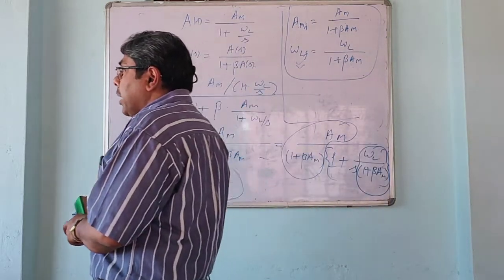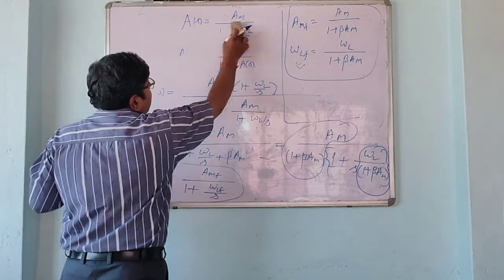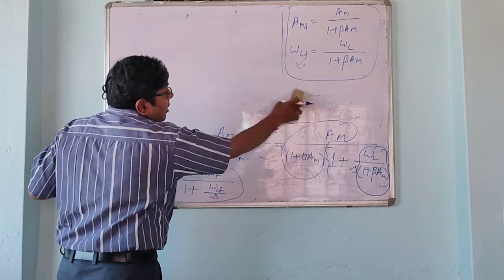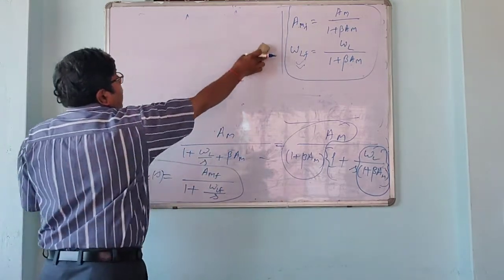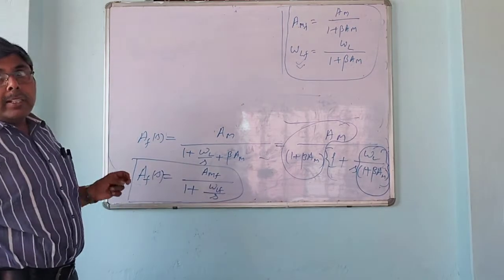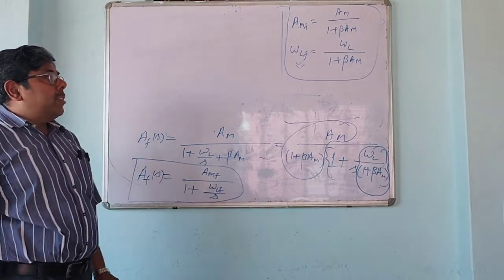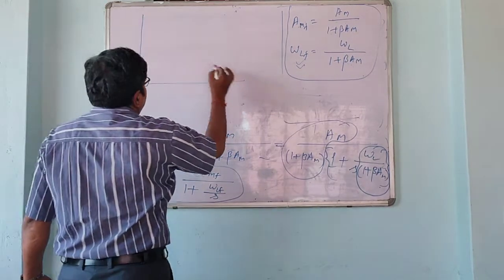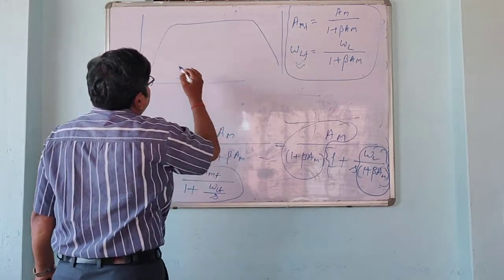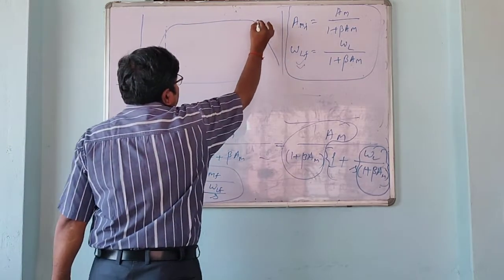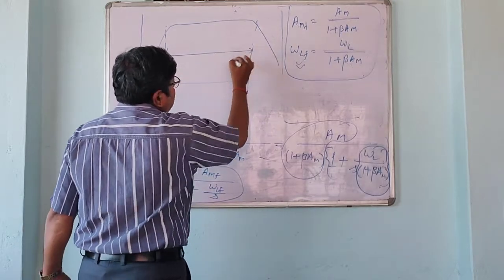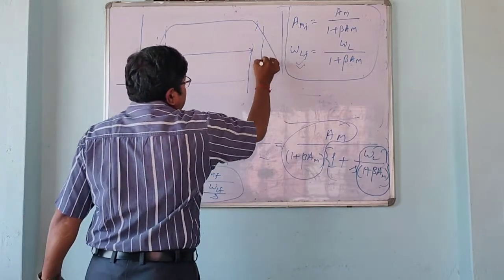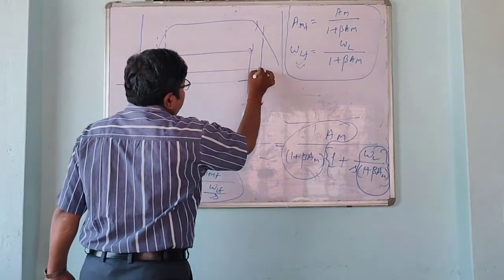So now we can say that by using feedback, the upper 3 dB frequency is increased by a factor which is called the amount of feedback, and the lower 3 dB frequency is reduced by the same factor. So this is the bandwidth without feedback, and this is the bandwidth with feedback.